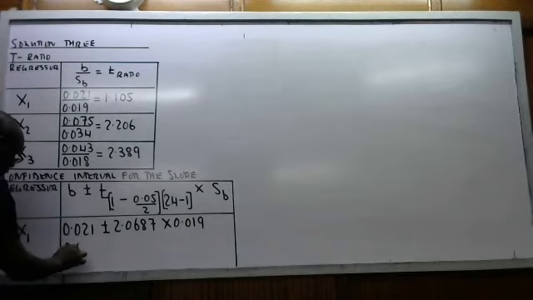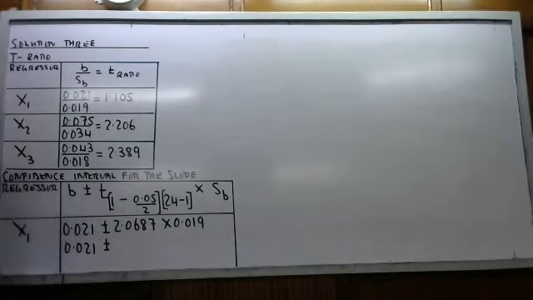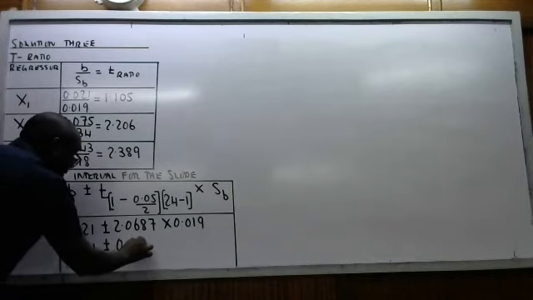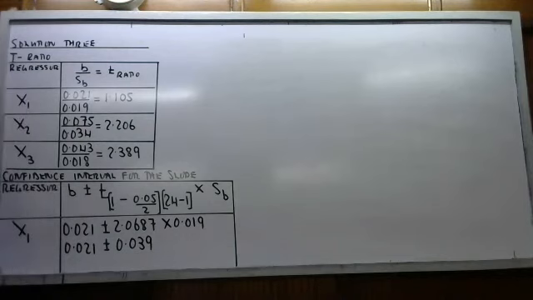You have to say 0.021 plus or minus. Give me this one to 3 decimals. Zero point 319. Okay, I subtract this one from this one.